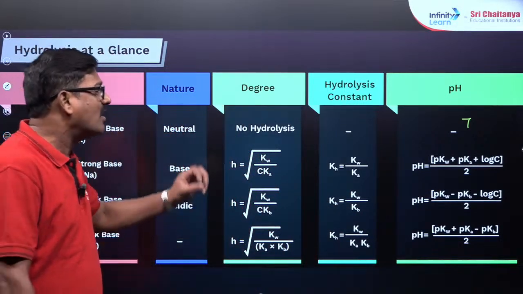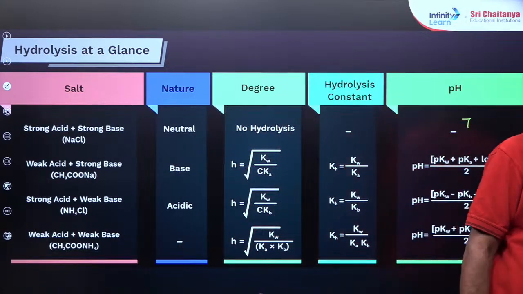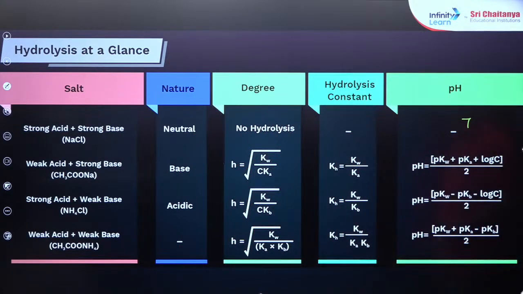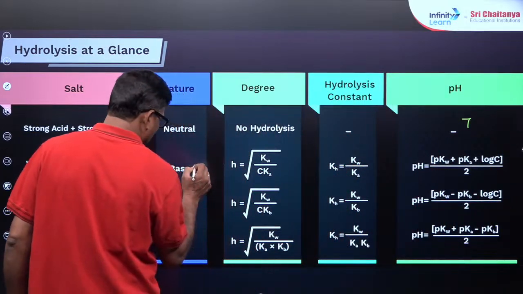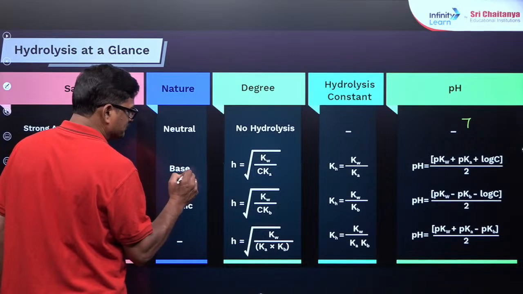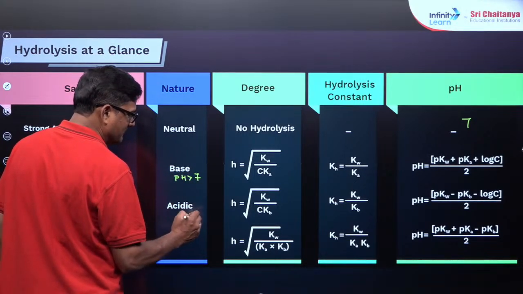You can say half of pKw minus pKb minus log C. When you observe, for the basic case pH is greater than 7, and here pH is less than 7.